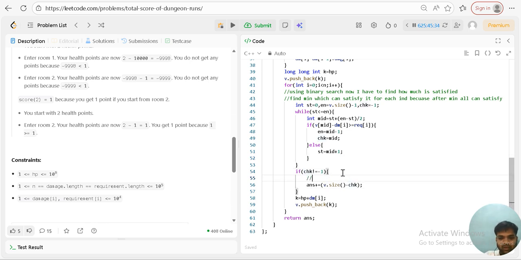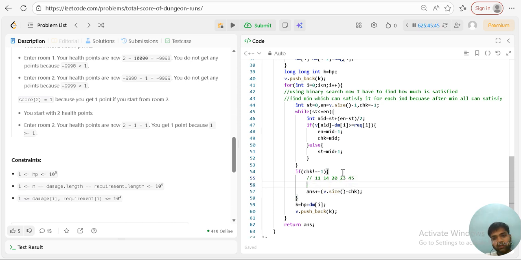Like why I have reduced this. Suppose we have threads 11, 14, 20, 23, 45. So only threads from 20, say 20, will be able to satisfy the condition.